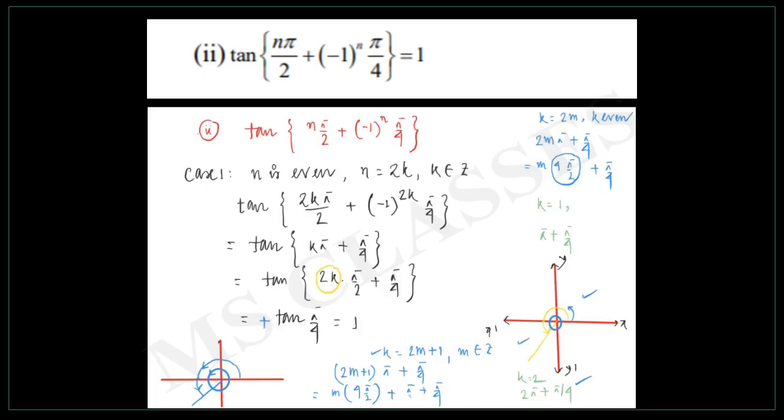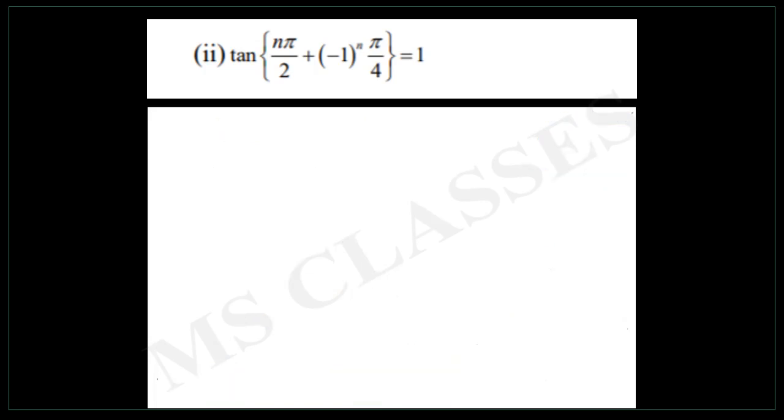And here I'll just complete the figure: x prime, origin, y prime. Now when n is odd, what happens, children? Case 2. Now when n is odd, n equal to 2k plus 1.